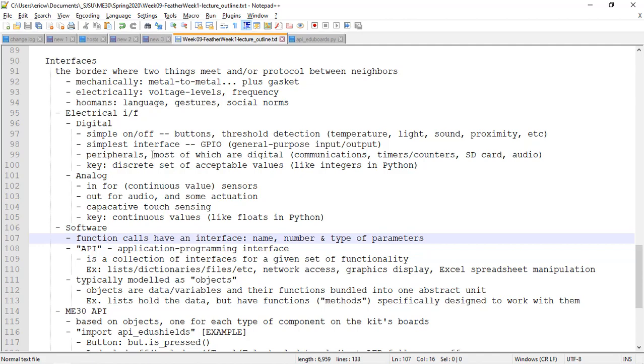So a list not only contains the data, but as you've noticed already, it carries along functions with it: the ability to get the nth one, to get the last one, to append, right? So an object is a type of data that has functions bundled with it.